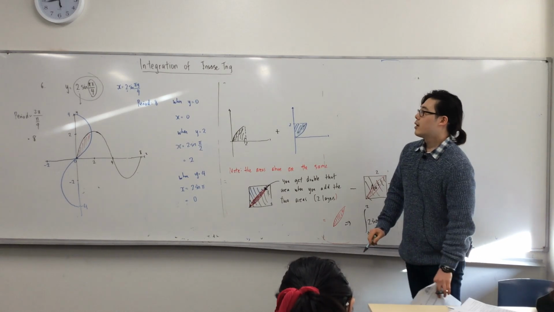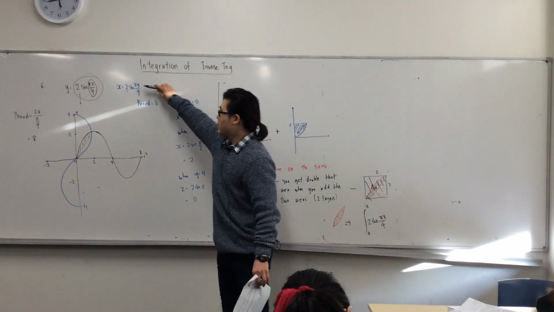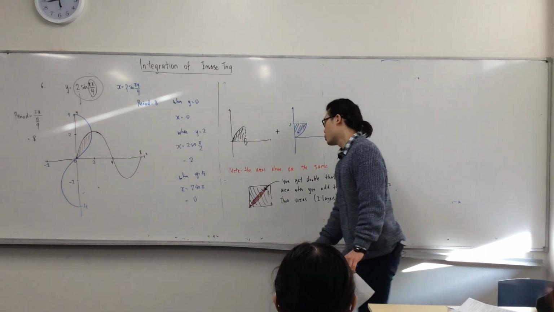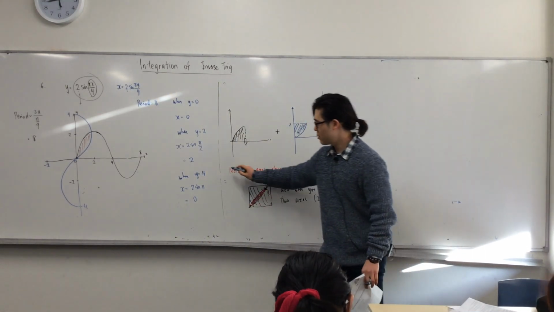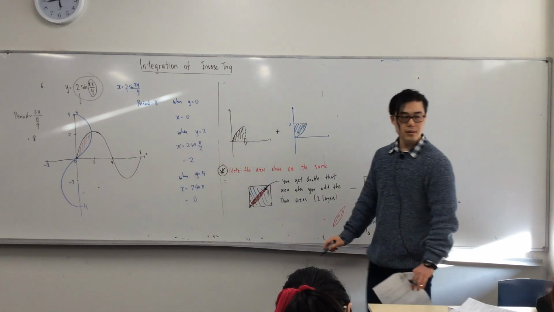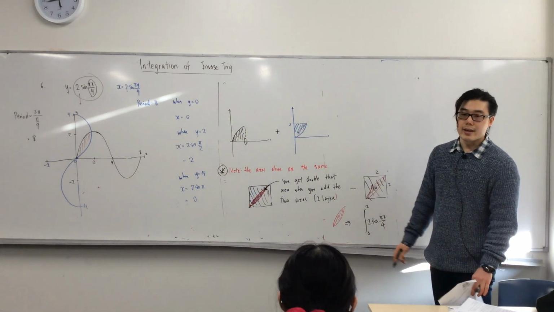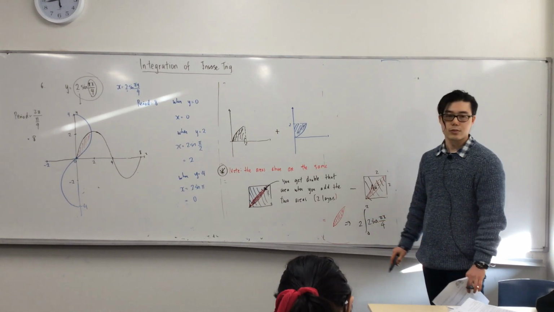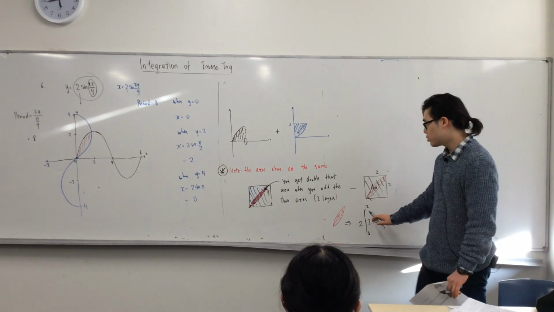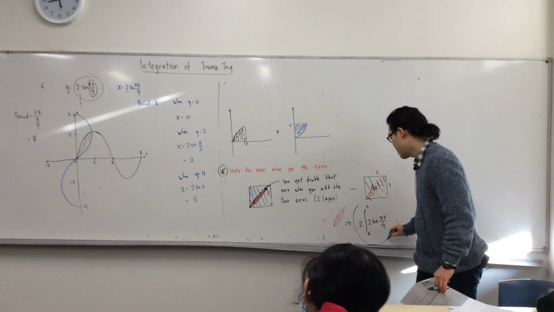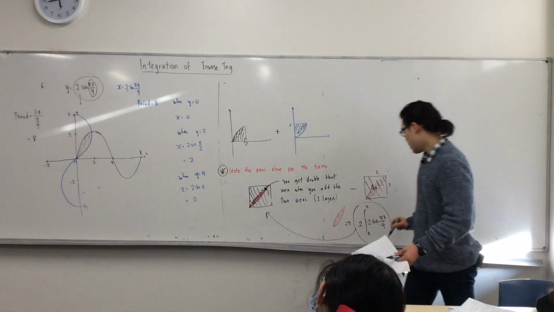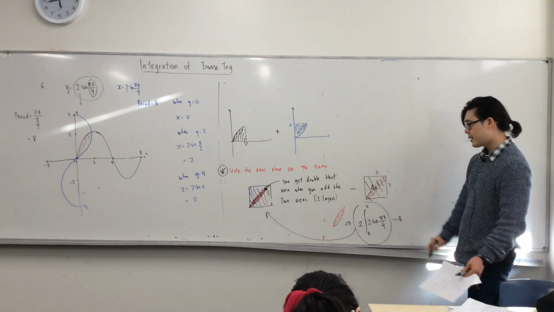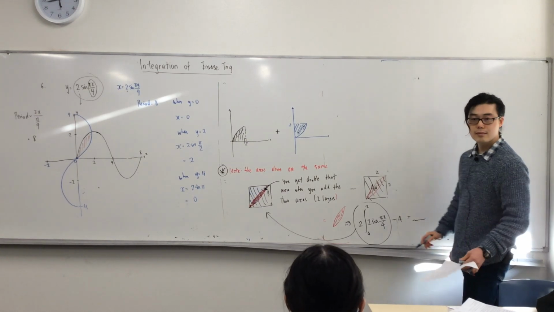Now, I don't need to find the area for the blue part because they're the same area. So all I need to do with this is just times by 2. Timesing by 2 gives me that area there. And then all I need to do is just subtract 4 from my answer, and that will give you your answer. Okay? That's how you do it.